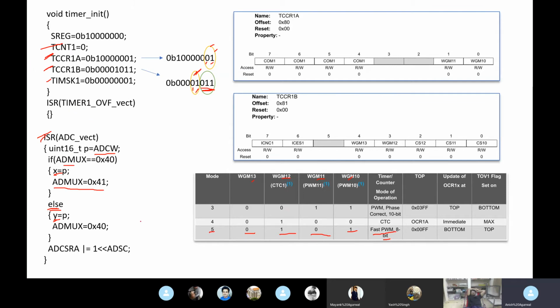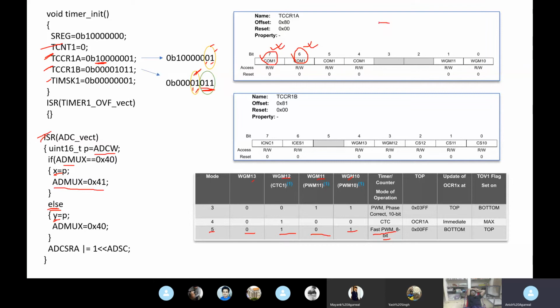So we need to tell the microcontroller that when you count from 0 to 255, at what point do you have to set the output low or high. For this, we have these COM1 bits, the 7th bit and 6th bit of TCCR1A, set to 1, 0. Initially, from 0 till it reaches a value, the output will always be high.